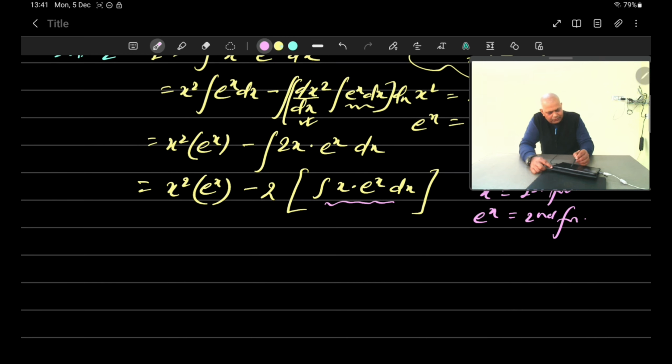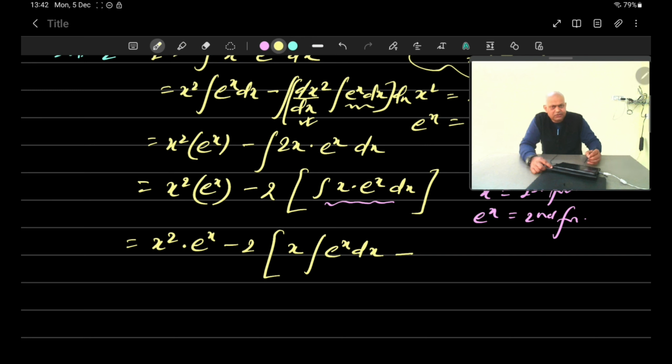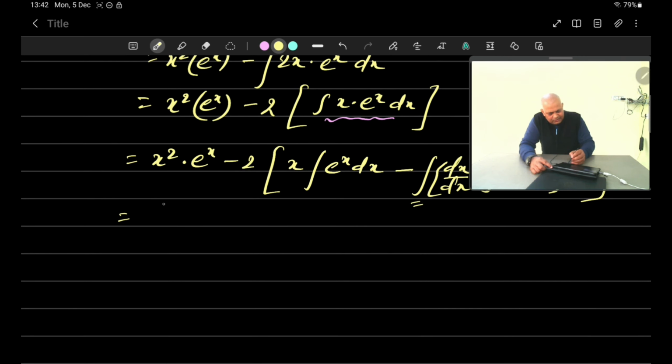So your answer will be x squared times e to the power x minus 2, square bracket, write down the first function outside the integration, and once again the integral of e to the power x times dx, minus the differentiation of x with respect to x, and once again the integration of e to the power x times dx, and write down dx for these integrations. Okay, close the bracket.